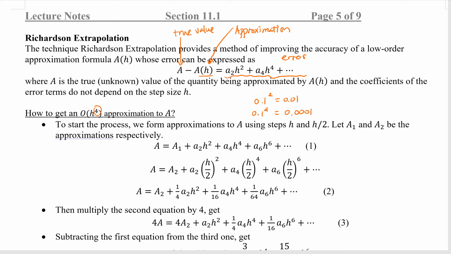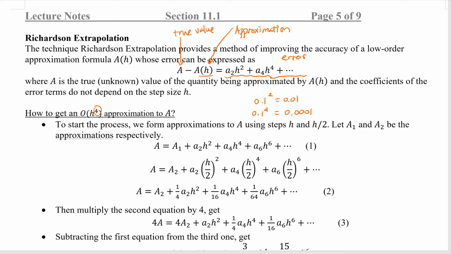Then the formula becomes this, so this is A2. We replace h by h over 2. You can see these are h over 2. But now let's split the powers. Then we have 1 over 4, a2 h squared, and 1 over 16. And here's 1 over 64 because 2 to the 6 is 64. So far, so good, everybody?